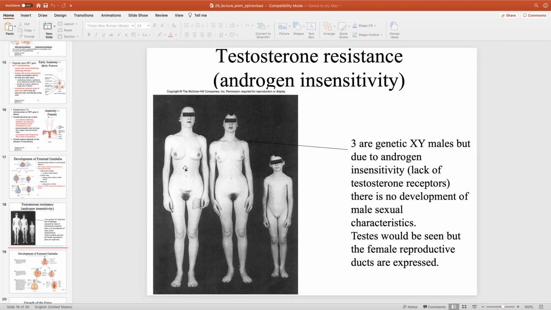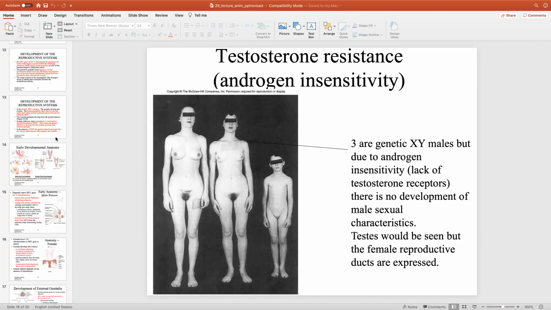It didn't get released. So what happens? The female genitalia will develop, and instead of being connected with ovaries, they're going to be connected with very small, underdeveloped testes in the hip. Crazy, right?